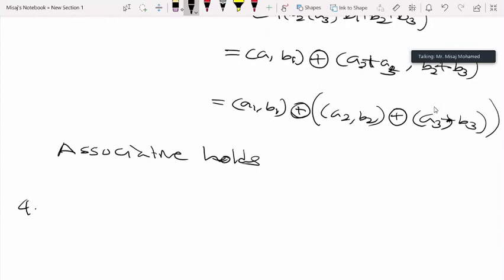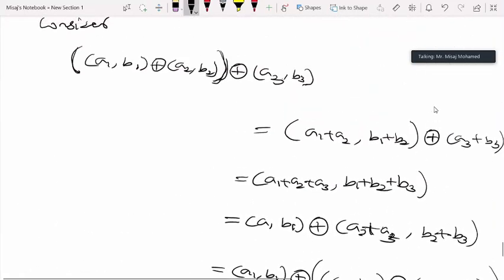So for the vector addition, these three properties are satisfied for this vector space. Now what is the fourth property? Additive identity. What will be the additive identity for this one?